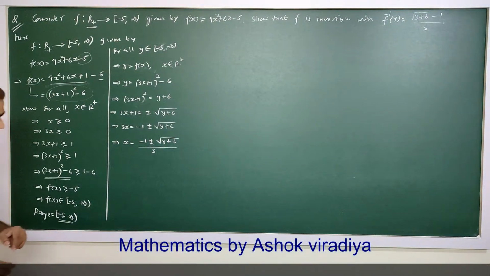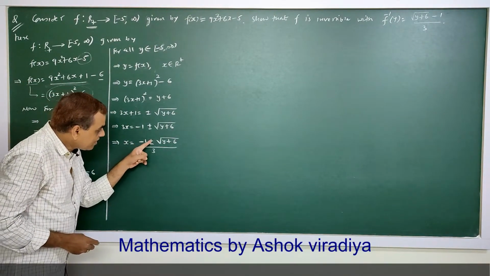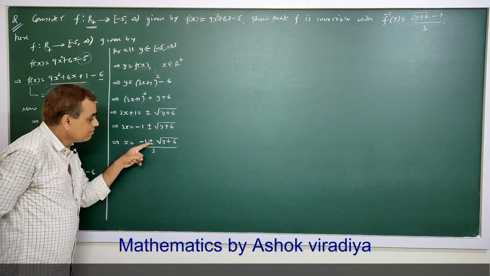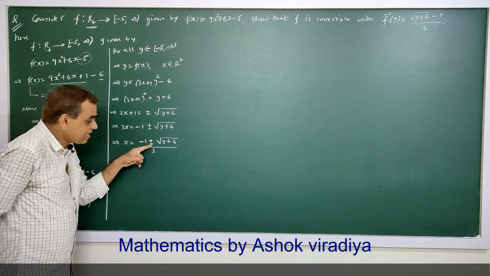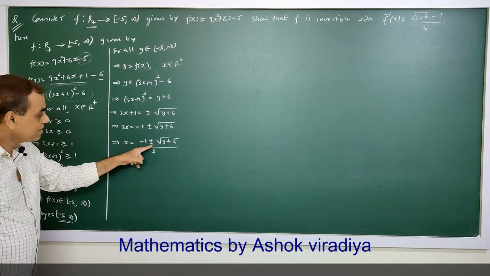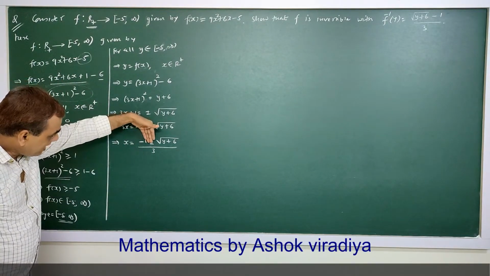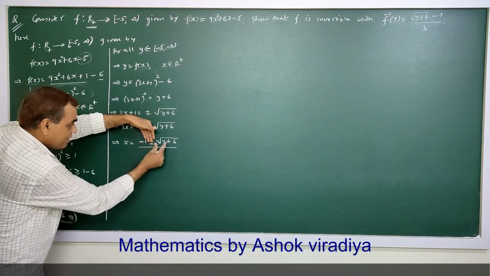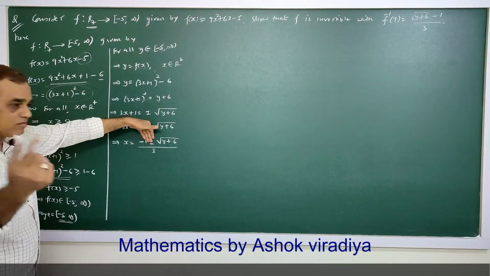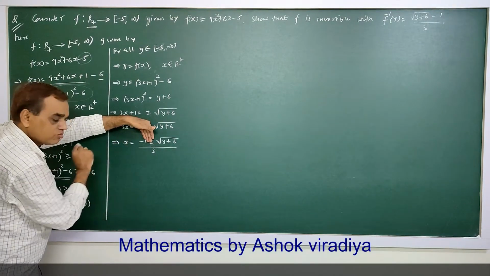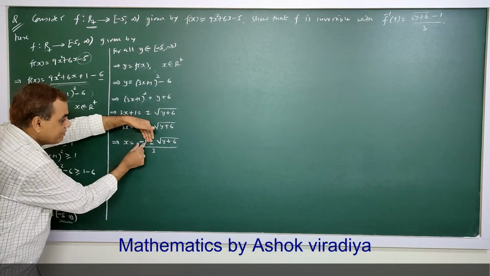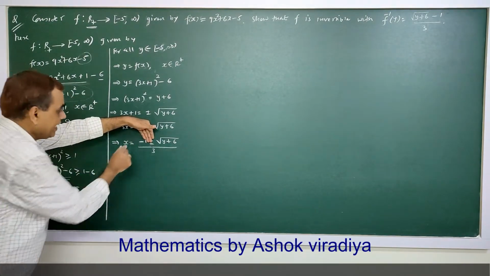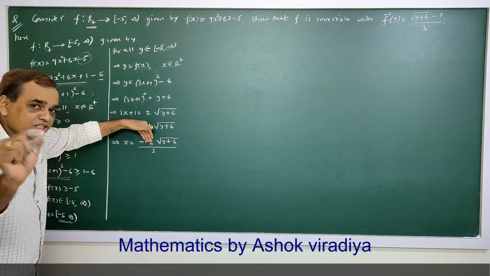But here there are two possibilities, plus or minus. If we take a minus sign, then what will happen? Here, minus 1 and minus of this value, so minus minus, that is negative. So x will be negative. Negative plus negative is negative, divided by 3 is negative.